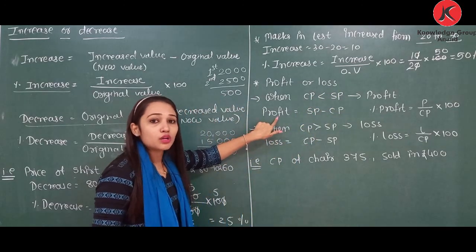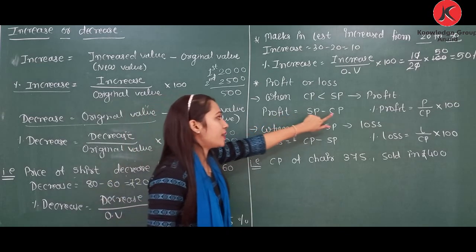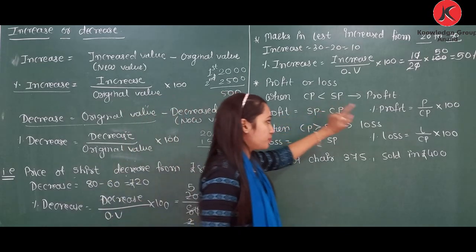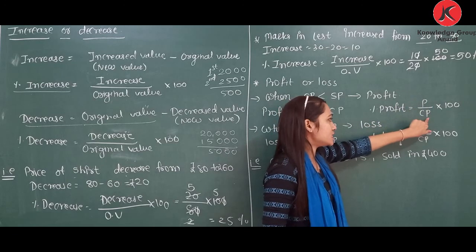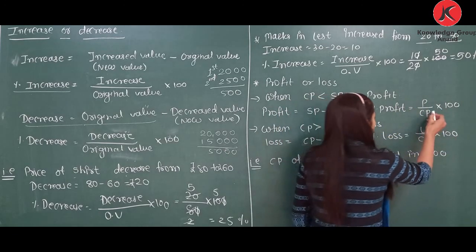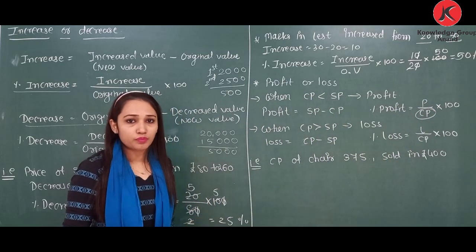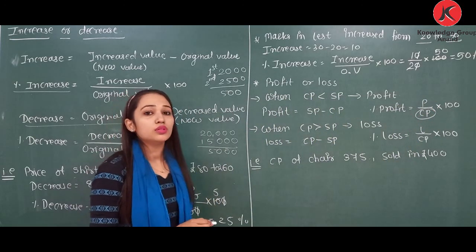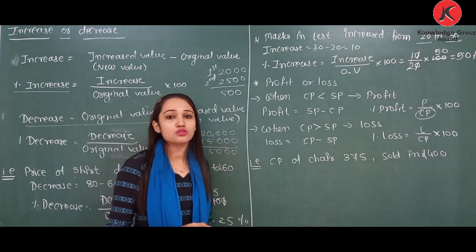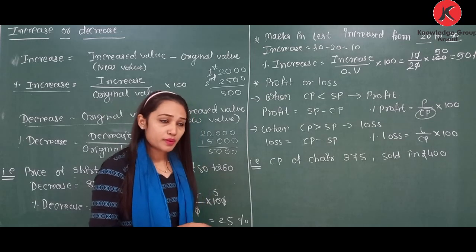If you want to find profit, then selling price minus cost price, and percentage profit is profit divided by CP multiplied by 100. Profit and loss are always calculated on cost price. Okay, so the main value is cost price.